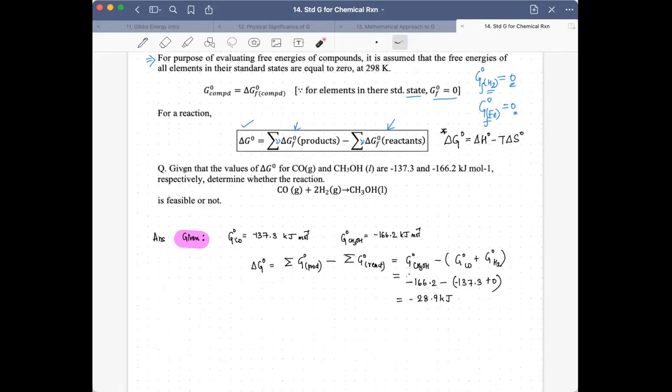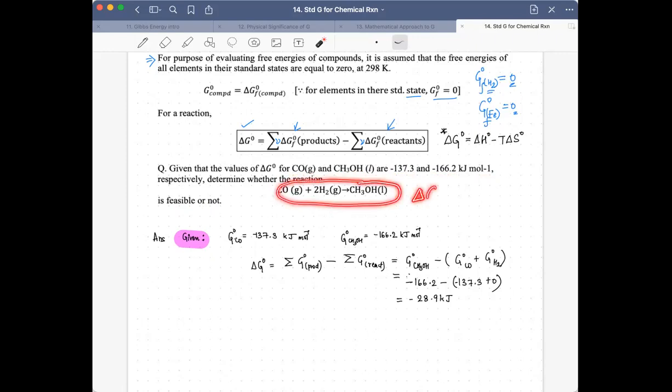If you see here, given that the values of delta G naught for CO and CH3OH, CO meaning carbon monoxide and CH3OH meaning methanol, are respectively minus 137 and minus 166.2 kilojoule per mole, determine whether the reaction is feasible or not. This is the given chemical reaction.